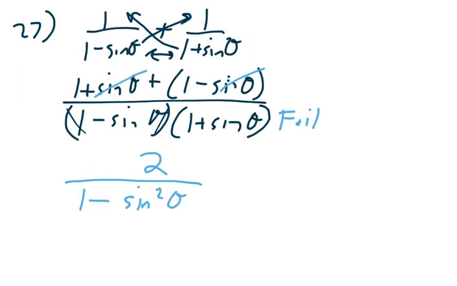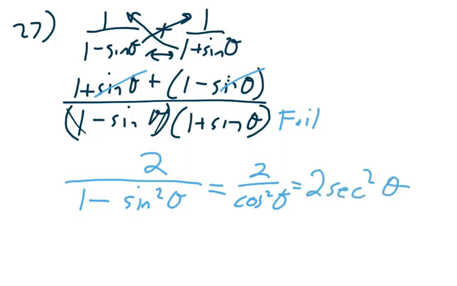So this turns out to equal 2 over cosine squared theta, and the reciprocal of cosine is secant, so this is 2 secant squared theta.